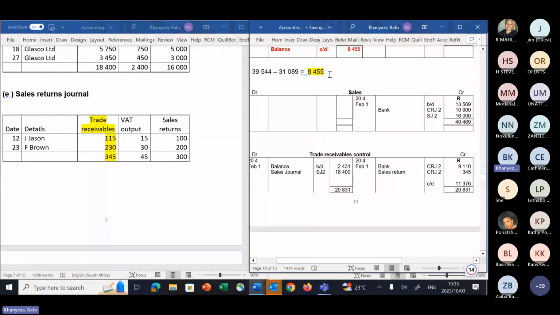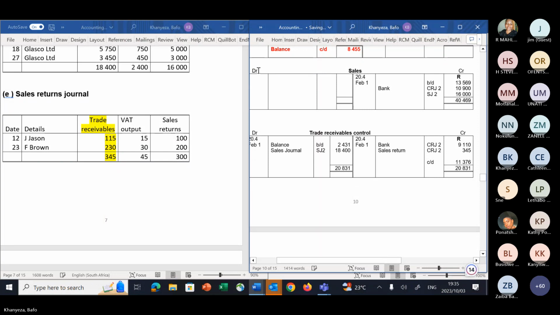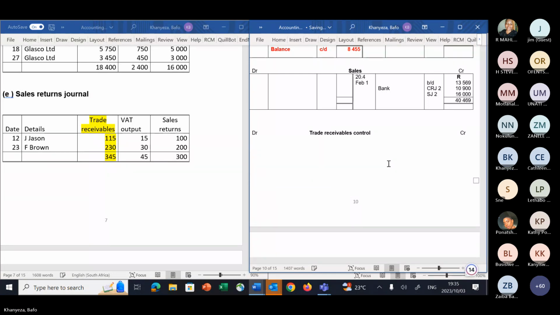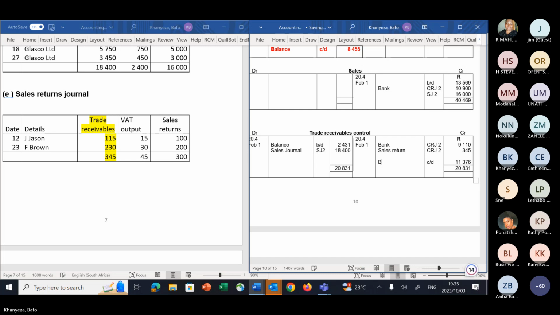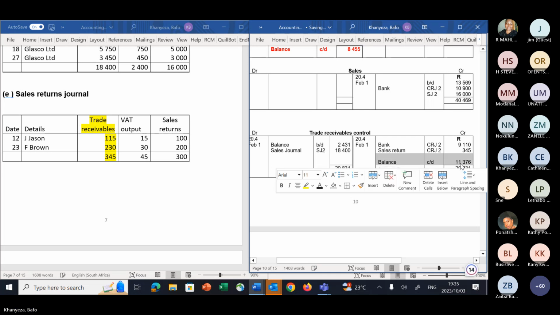So this amount, 11,376, is the balance carried down. This is the amount that you're going to take to your trial balance.